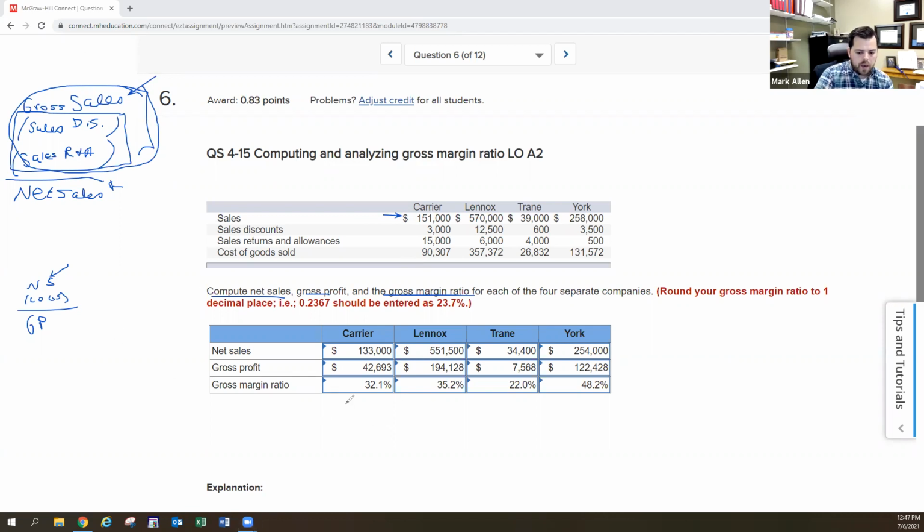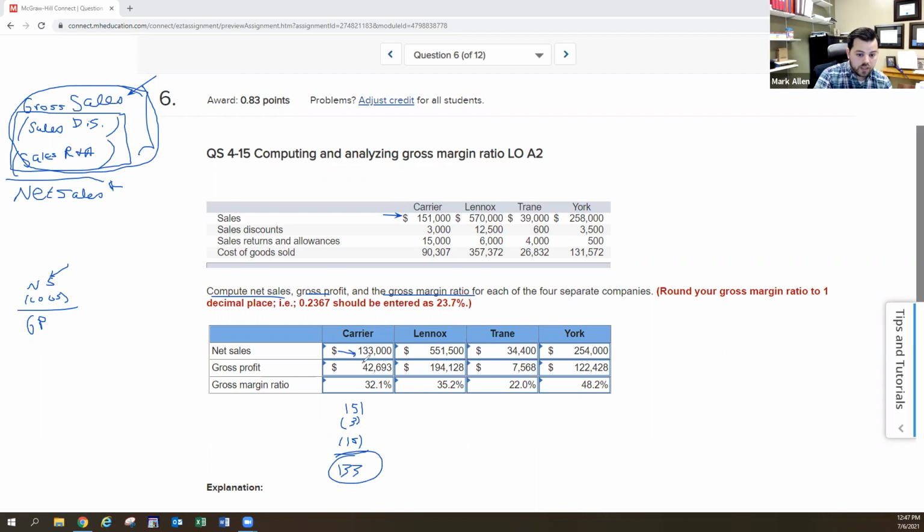Then we'll take minus, so I'm just going to leave off the zeros, 151 minus 3, which is my sales discounts, minus 15, which is my sales returns and allowances. That will give me, right, 151 minus 18 is 133. So this right here is how they got the 133,000 for net sales.